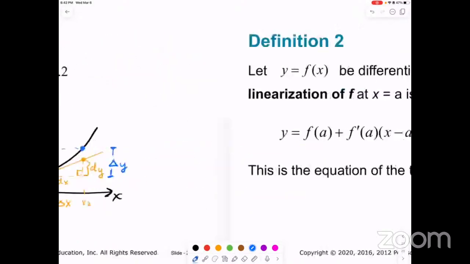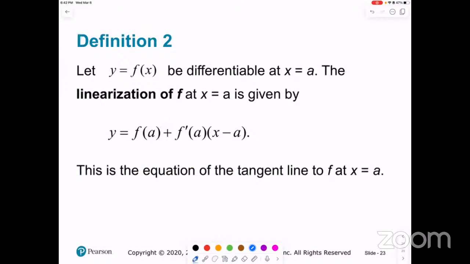All right, so this is the final topic for today, linearization. Linearization is basically a way for us to jump straight to the equation of the tangent line at a point. So if we have a curve, we consider a point on the curve, then we consider the tangent line at that point.